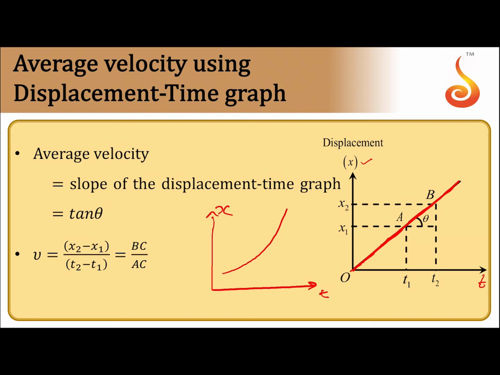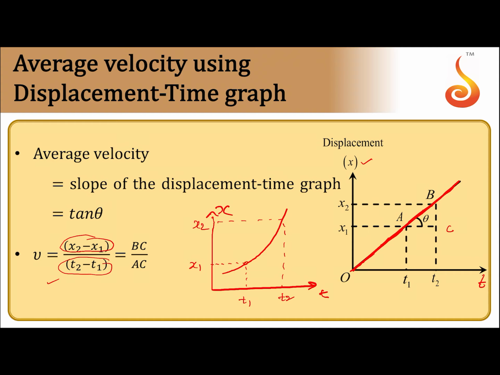Now let's assume that at time t1 the position of the particle is x1, and at time t2 the position of the particle is x2. Whether it is a straight line or not does not matter to us. So now if you look at this, the average velocity is nothing but the displacement, which is x2 minus x1, divided by the time interval.